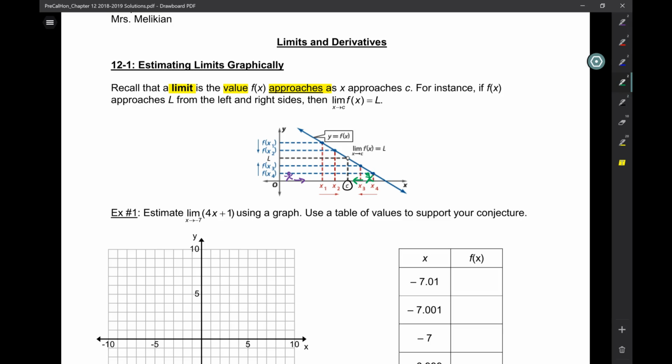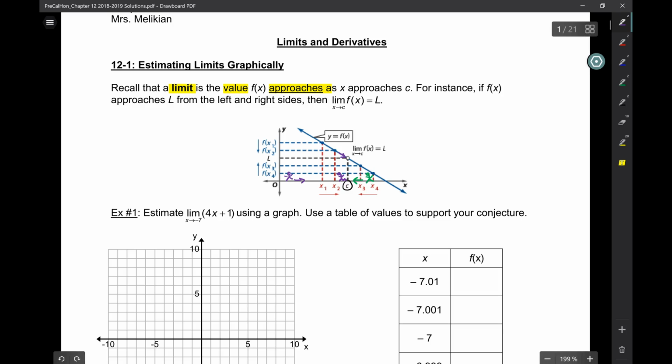Increasing. Now, when this person gets very, very close to C, the Y values are still decreasing, and it looks like the Y value is approaching what? L, right? The Y value is approaching L.